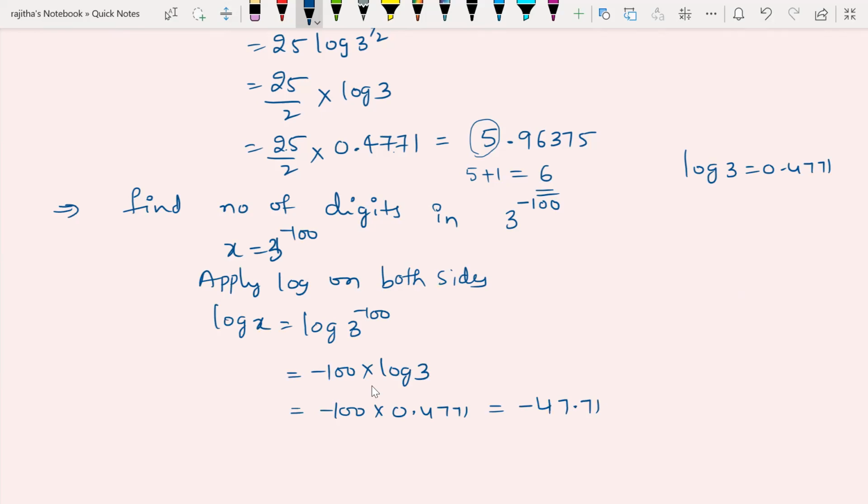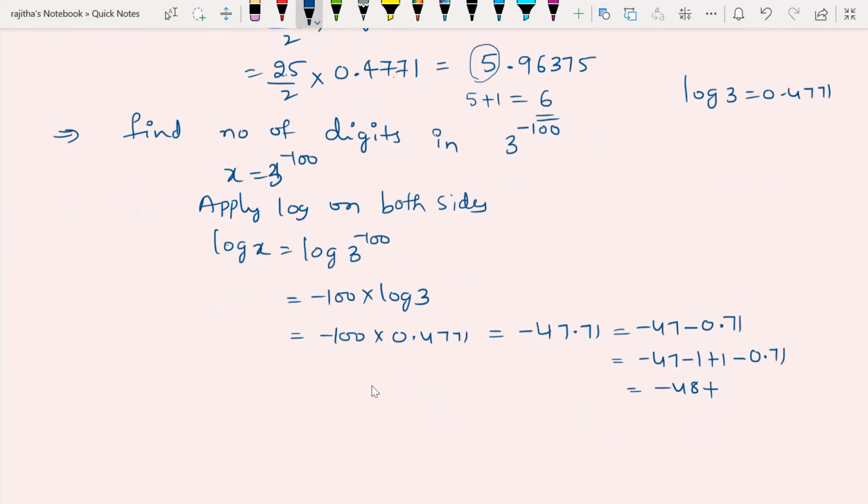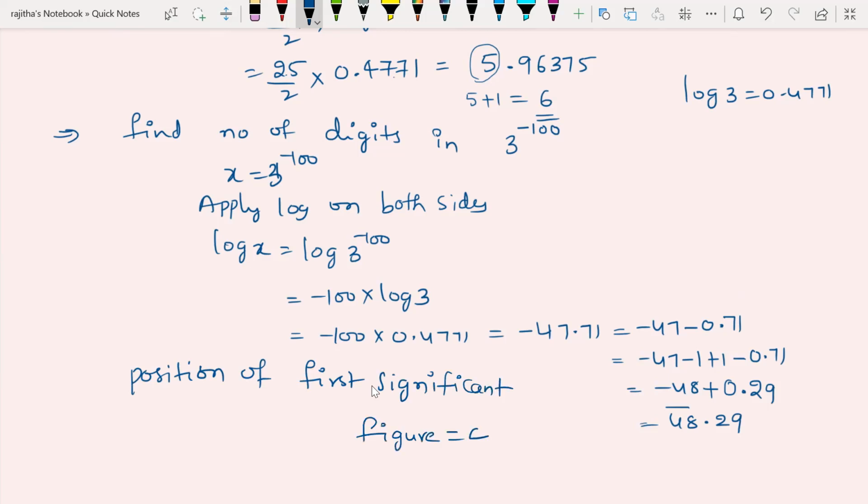The characteristic is an integer and the mantissa is always positive, so minus 47.71 is minus 48 plus 0.29. The position of the first significant figure is 48.